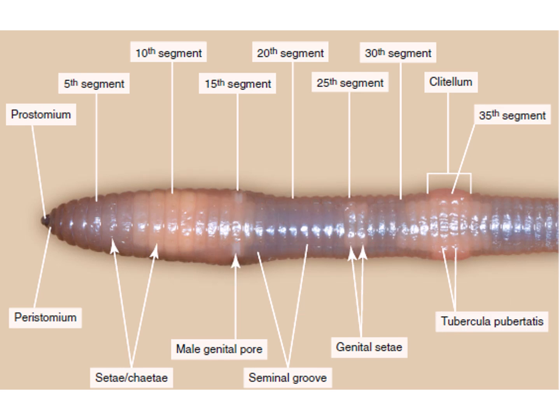Setae are present in earthworms for locomotory function, but there are also genital setae present on the ventral side, a little bit up from the clitellum, and they are a modified type of setae. They are broader than the normal setae. They are thickened, curved, and hook-like bristles.